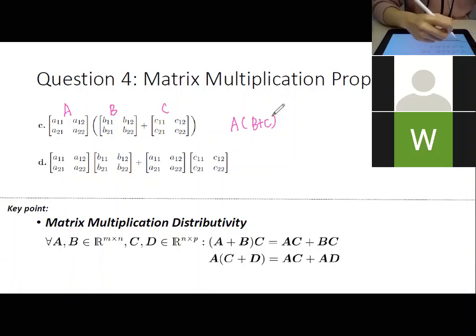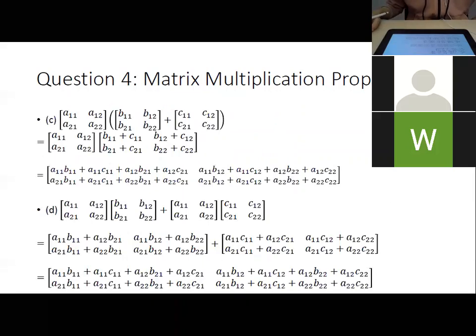And for question D, it says A times B first and A times C, then we add them together. Whether these two are equivalent. And of course, the key point tells us these two are equivalent, and we are going to see how to verify it.